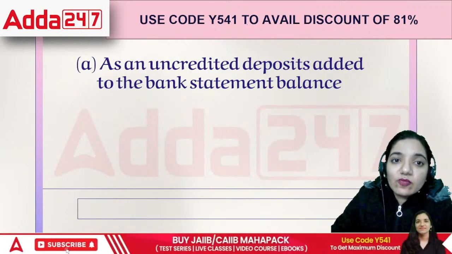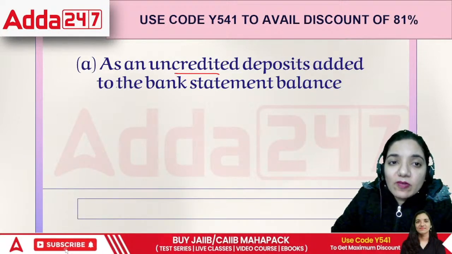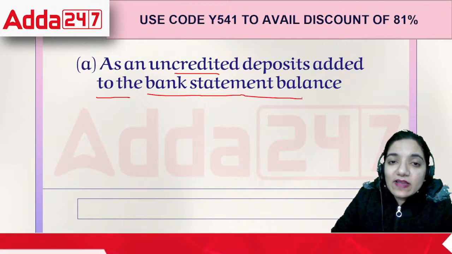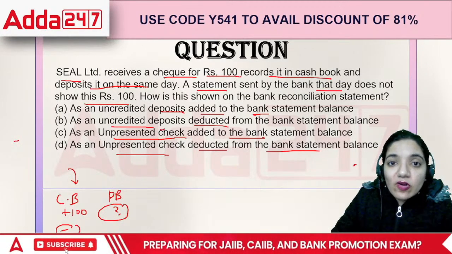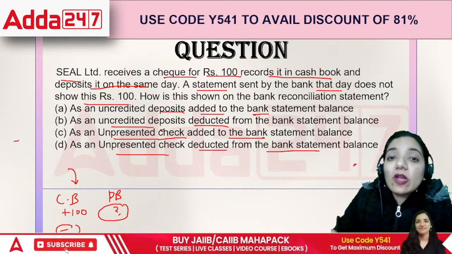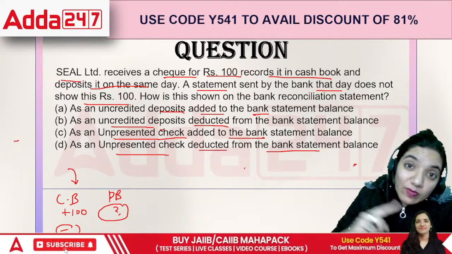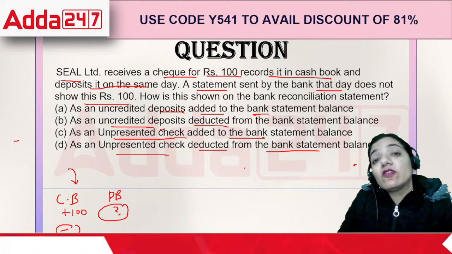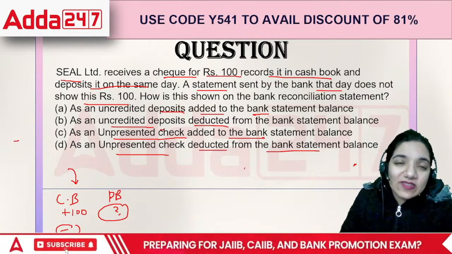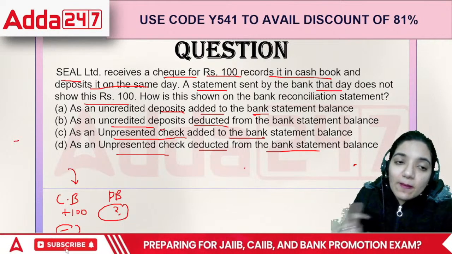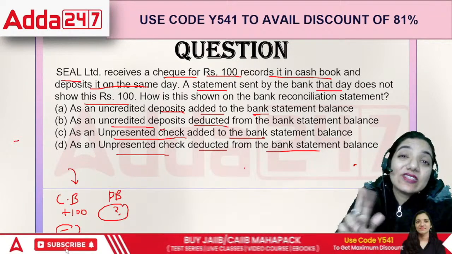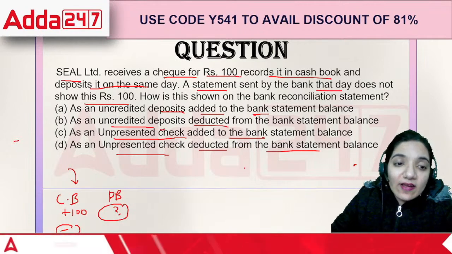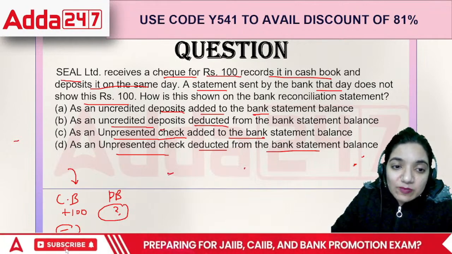Right? It would be an uncredited deposit added to the bank balance. So what will we do? If I am looking at the scenario from the point of view of the cash book, it would be minus. From the point of view of the passbook, it would be a plus. Because technically, bank is not going to add this 100 rupees right now. But we are just looking at the statements, and what I had was the balance as per the passbook.